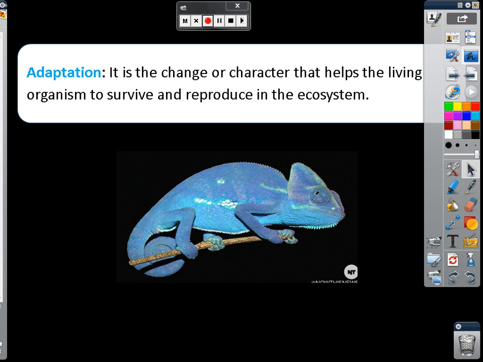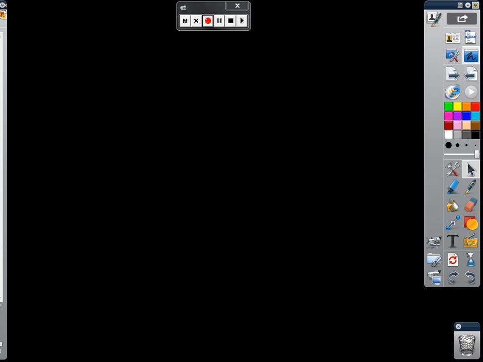Like this chameleon can change its color, so that's a characteristic. It can change its color to be able to hide from enemies. So that's called adaptation. Let's continue.